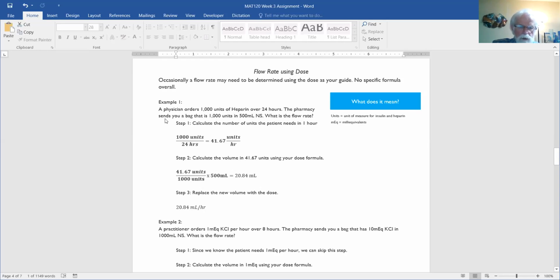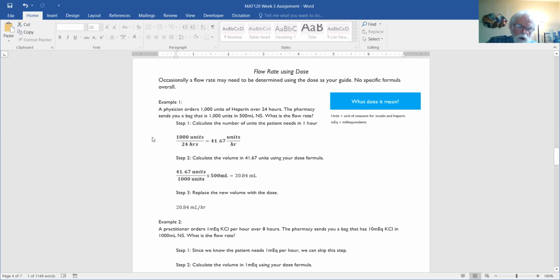So you get a bag that's 1,000 units in 500 milliliters of normal saline, and we want to calculate the flow rate. Quite frankly, we can ignore this whole discussion early. The important thing is 24 hours and 500 milliliters, and we can go straight there.